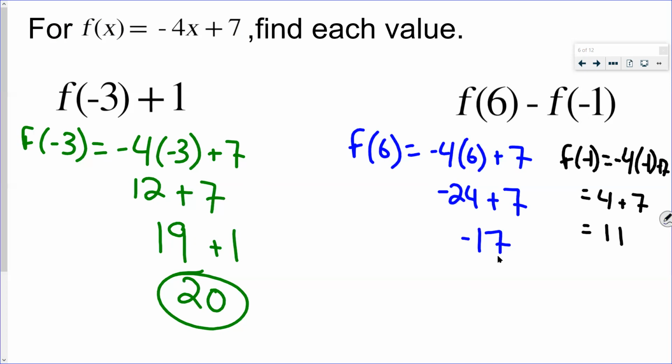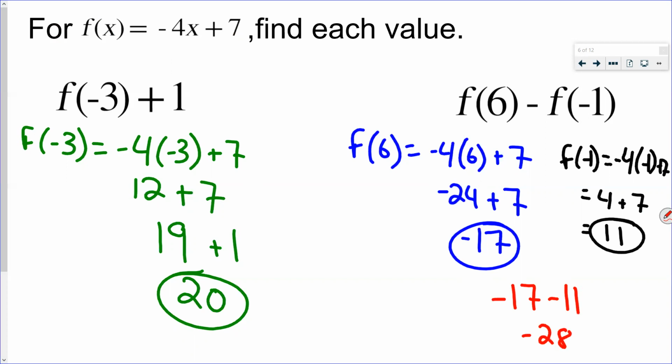Now, we're going to take our f of 6 and our f of -1 and subtract the two numbers because that's what it tells us to do. So -17 minus 11 gives us an answer of -28.